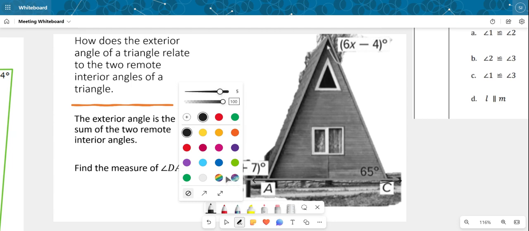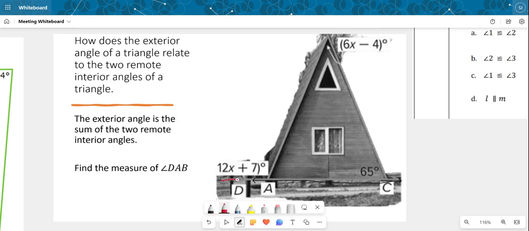Let's give it some color. I already have a red one, so let's go back to the red one. We got this line here going from D to A to C. It's a straight line. And we got our triangle here.